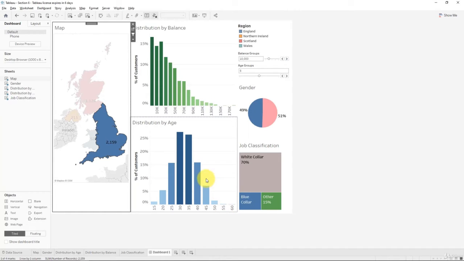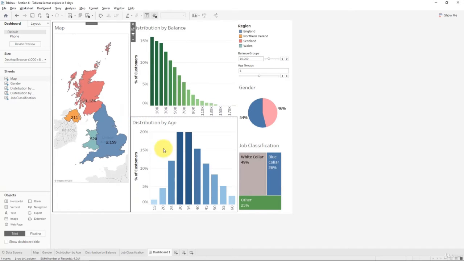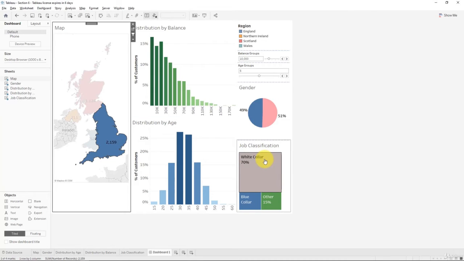And now what we want to look at is the job classification. Here you can see white collar 50%. In England, it's actually 70%. So much more white collar workers in England. And perhaps that has something to do with London, the economic hub of Europe, being in this region. Perhaps a lot of the workers in the finance industry decide to bank with our bank.